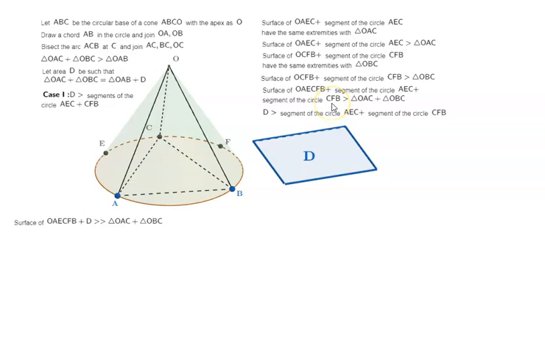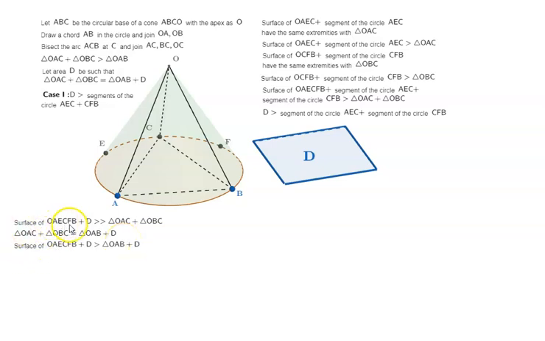So the left-hand side of this inequality will become much greater than the right-hand side if we substitute the sum of the segments AEC and CFB with D. Now triangle OAC plus triangle OBC equals triangle OAB plus D, so we can replace it.